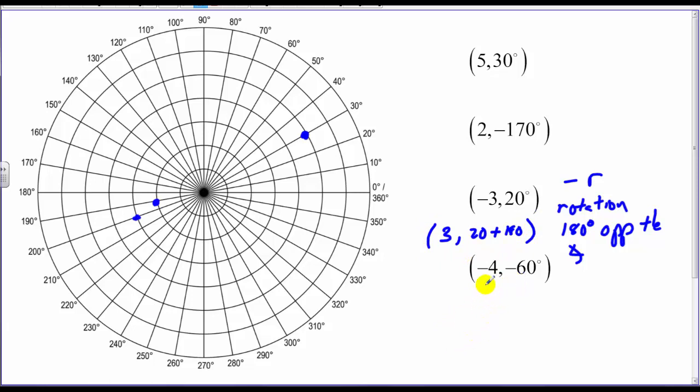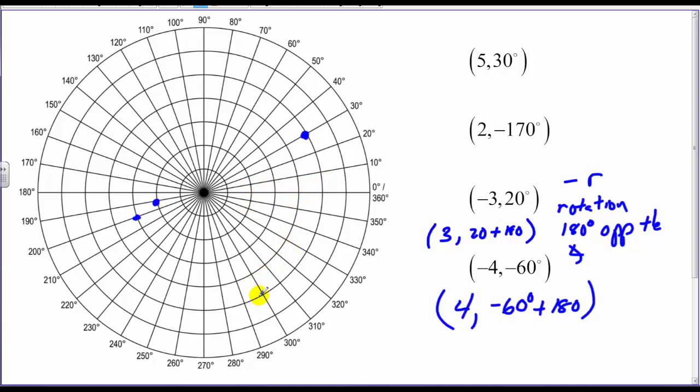Likewise, this last problem says if I'm going to take and go a negative 4 radius, that's like saying go 4 and add 180 degrees on to 60 degrees. So (4, -60 degrees) would be somewhere down here.